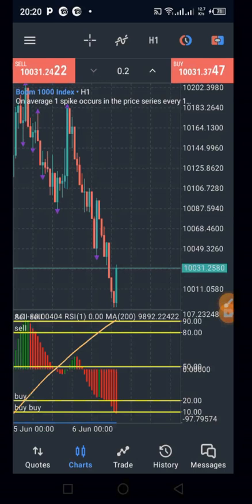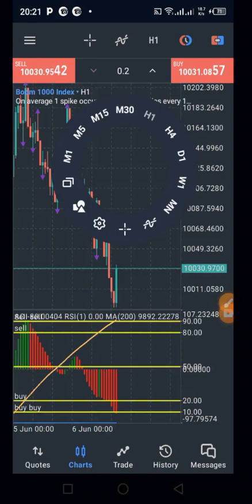So we are looking at some of the things that you need to understand when you are looking at the MT5 trading platform. If you have not set an indicator, I want you to follow. When I press on the screen here, it will bring those options.